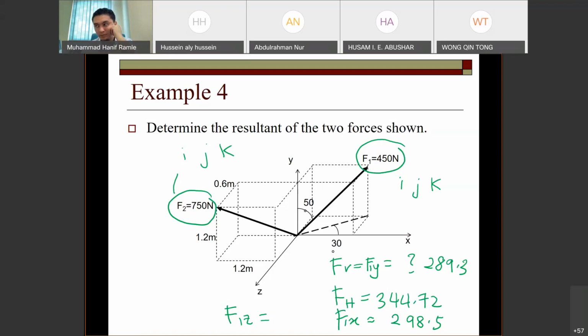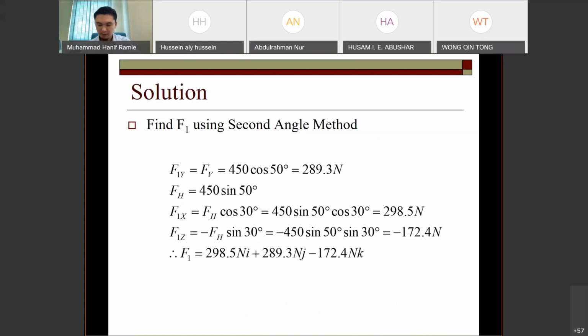Which axis? The Z. Yes, the Z should be negative. So you have to consider the negative and positive sign as well. The Z is minus 172.4.